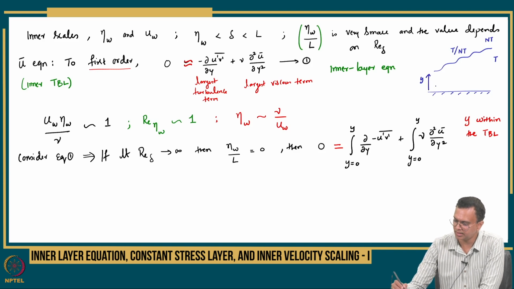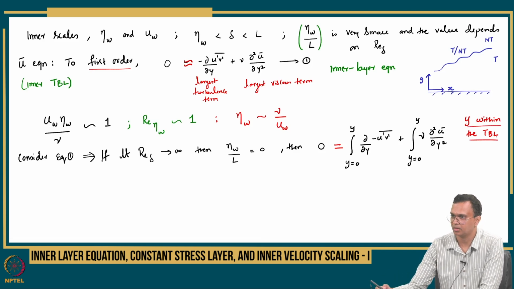This is your y direction. So y is within the turbulent boundary layer is what I wanted to say. Integration is not all the way where y is approaching the free stream, and anyway I am interested only in the inner layer here. So I don't want to go all the way up here. My inner layer is somewhere here.